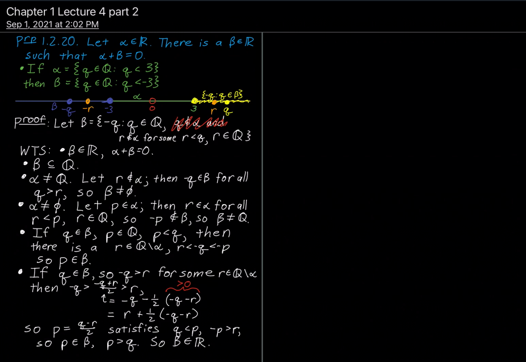All right, so now we have shown that our beta is indeed a cut. So now we just need to figure out what alpha plus beta is equal to. All right, so alpha plus beta is the set of all P plus Q such that P is in alpha, Q is in beta.